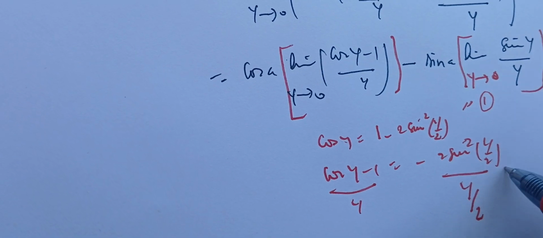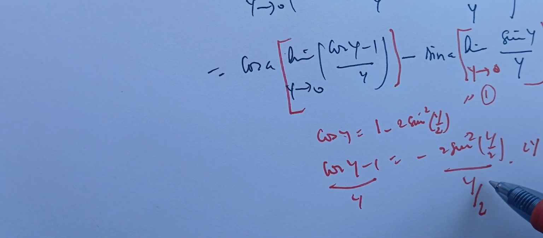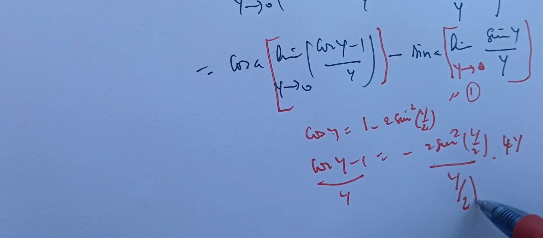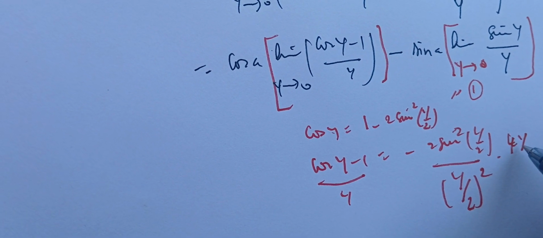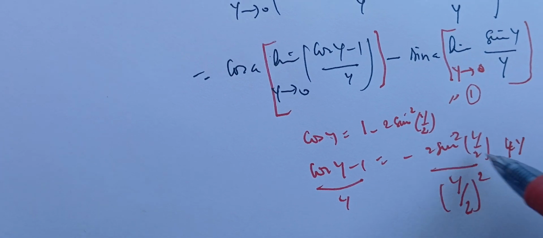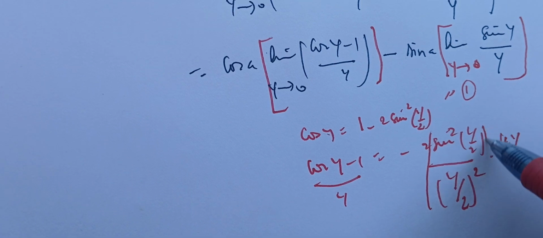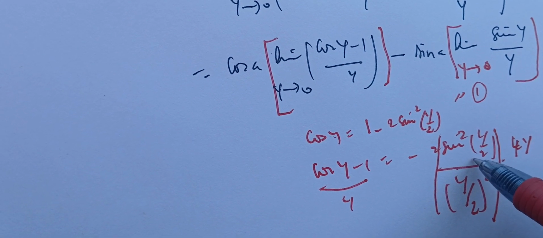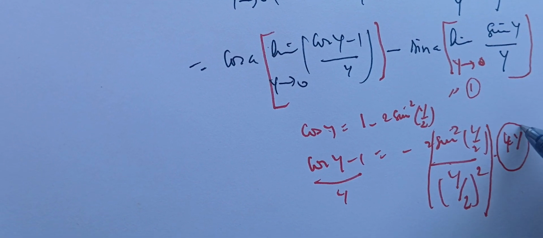We multiply the top and the bottom by, let's say, 4y. So here we have y over 2 squared, and here we have 4y. We know this limit as y goes to 0 is 1, and the other factor as y goes to 0 is 0.